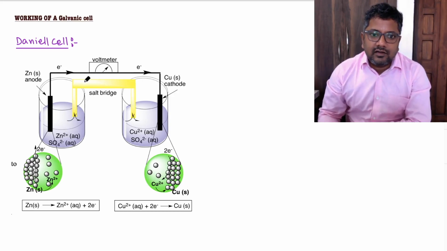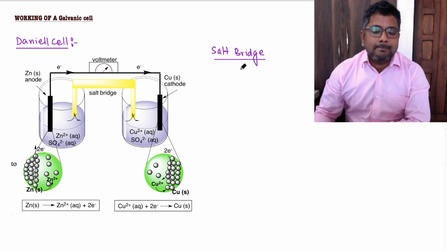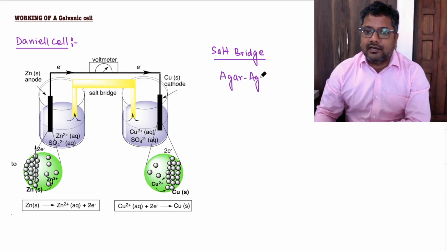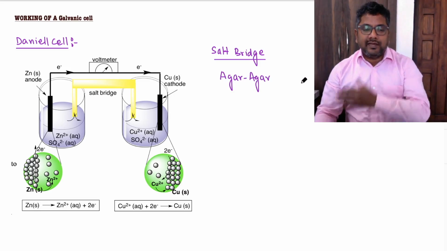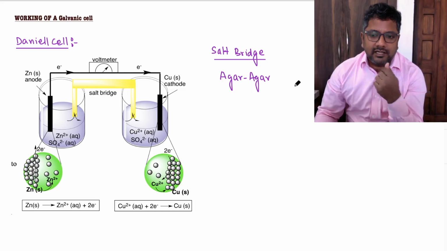See this salt bridge. Let's talk about the salt bridge. A salt bridge is made up of agar. Basically agar is a kind of algae, and it comes in the form of white powder in the laboratory.